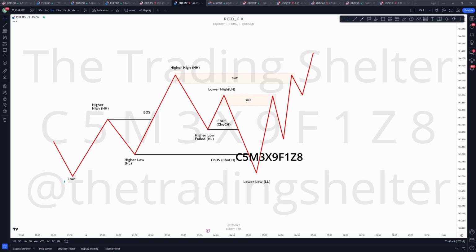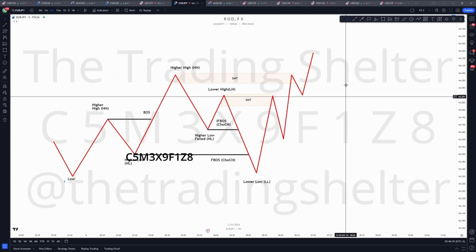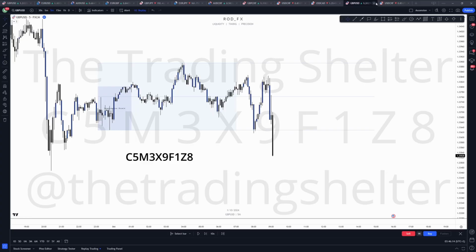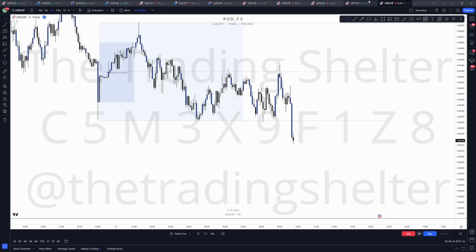I want you guys to actually see this pattern and look at it in some of the charts, and you will start understanding some of the difference between the IFBOS and the FBOS. So let's look at some patterns, some candles, some charts.